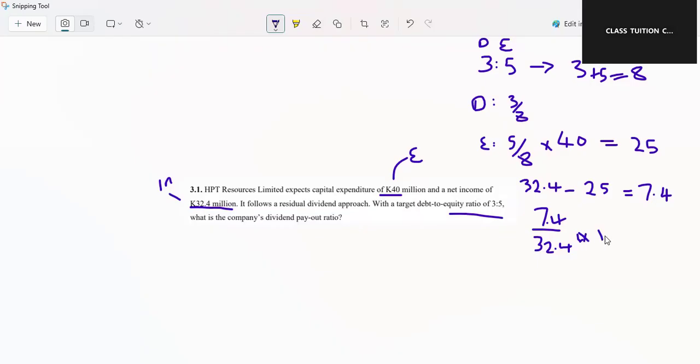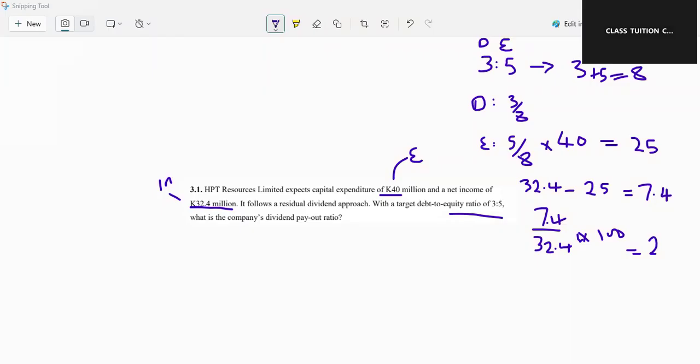What do we get? 22.84. So that is what we call the payout ratio.